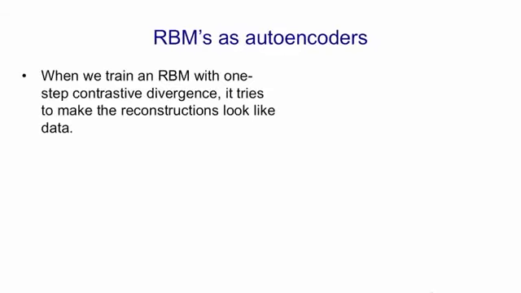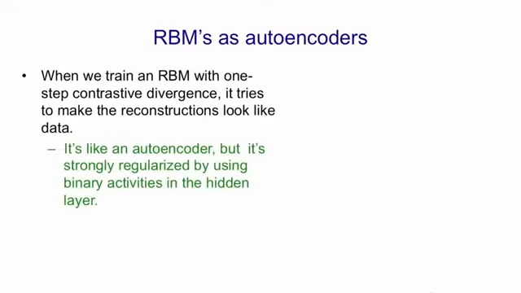Restricted Boltzmann machines can be viewed as shallow autoencoders, particularly if they're trained with contrastive divergence, because they're trying to make the reconstructions look like the data. When viewed as an autoencoder, a restricted Boltzmann machine has very strong regularization, because the hidden units are only allowed to have binary activities, and this restricts their capacity a lot.